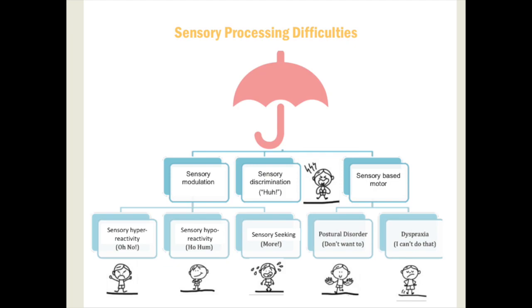As it stands, sensory processing difficulties is not currently recognised as a standalone diagnosis, and it's only recognised as part of autism. This is why children's therapy services are only commissioned to provide sensory assessment and advice for children with a diagnosis of autism or children currently going through the assessment for autism.